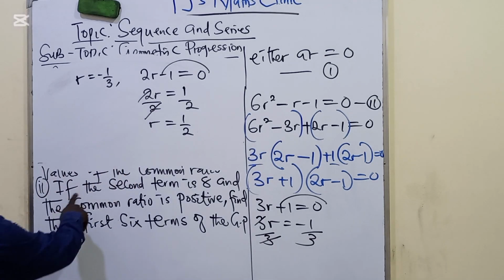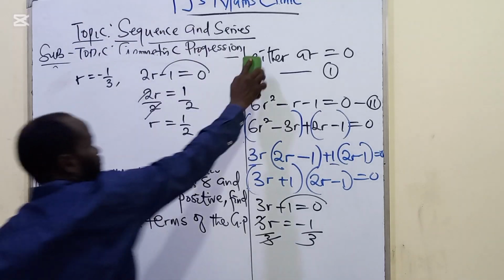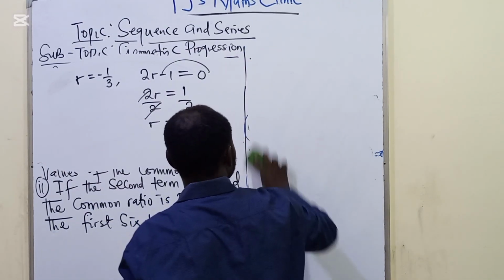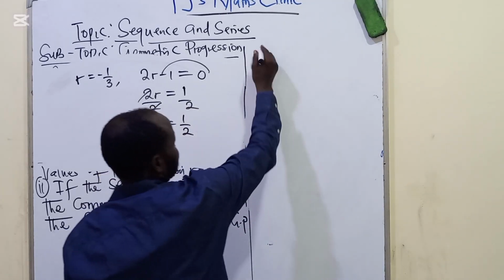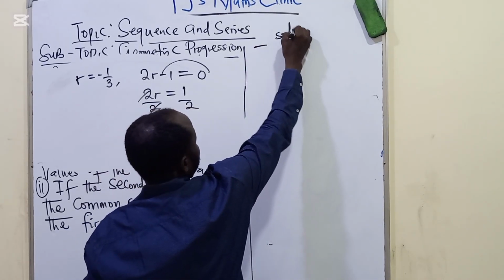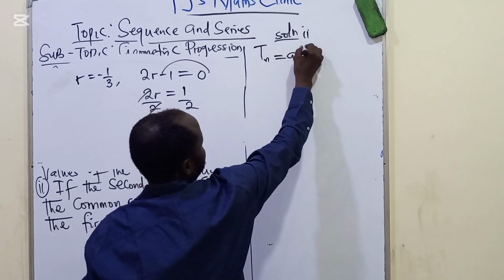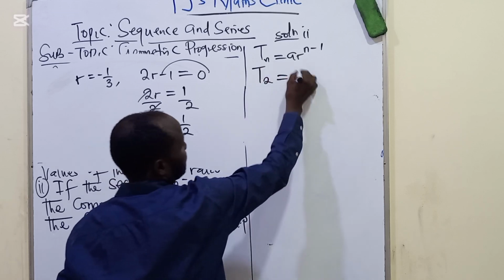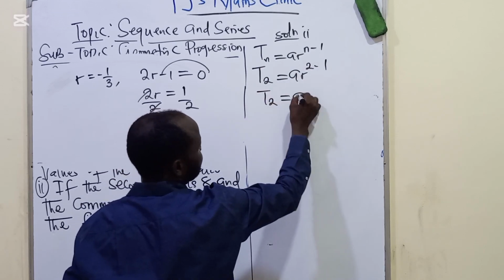The Roman numeral 2 now, if the second term is 8, if T2 is 8, we use the nth term. If n is 2, what are we going to have? T2 will be AR^(2-1), which is AR.